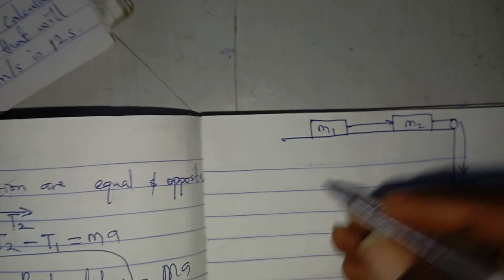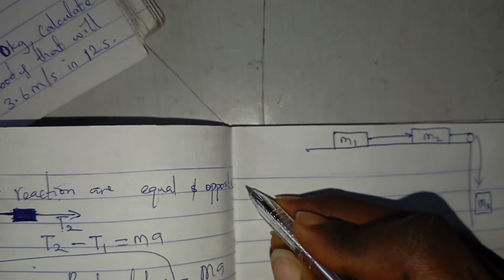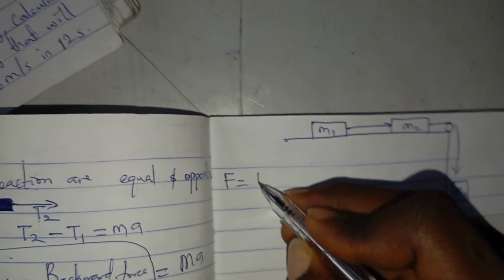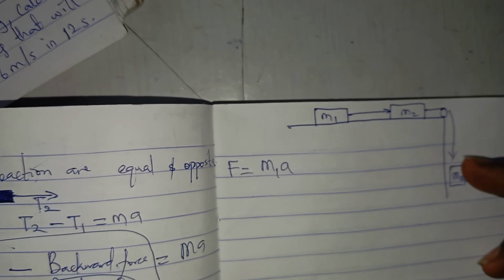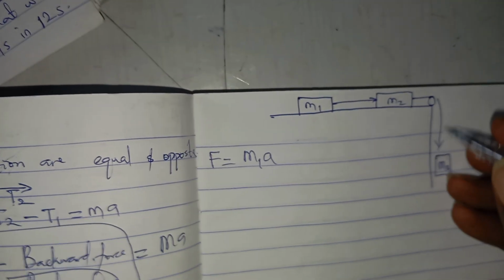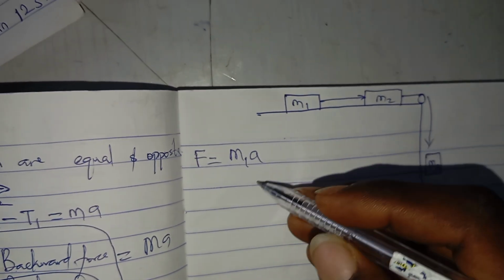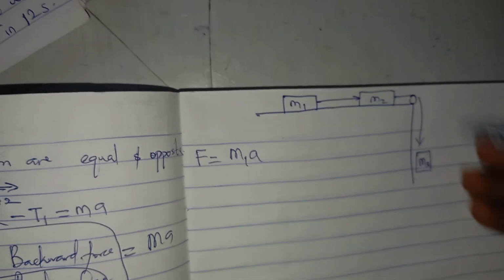For the first one, we have F equals M1 times the acceleration. The weight here will try to pull this thing, and gradually they will fall off this cliff, this smooth pulley.